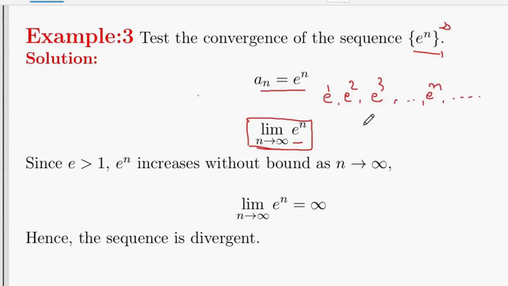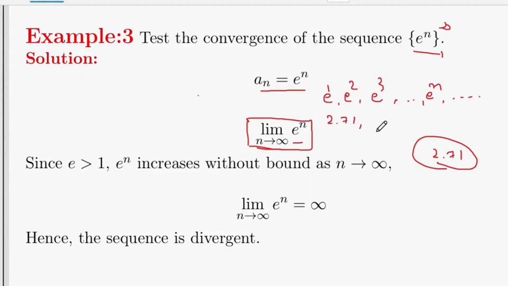So this one is the sequence e raised to n. Now what is the value of e? e is approximately equal to 2.71. Now check e square, e raised to 3 and so on. So when you put e equal to 2.71, the first term is 2.71.